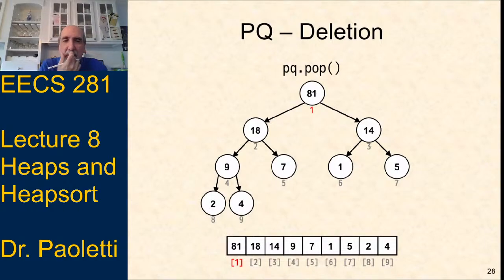Well, not really, because then 18 would become index 1, its children would be 14 and 9, and they would have odd children. It wouldn't necessarily restore the heap property. Also, what if we reverse these? What if this was 14 and this was 18? If I just make it a deque and pop front, I haven't fixed it, because the highest priority element is not necessarily the left one.